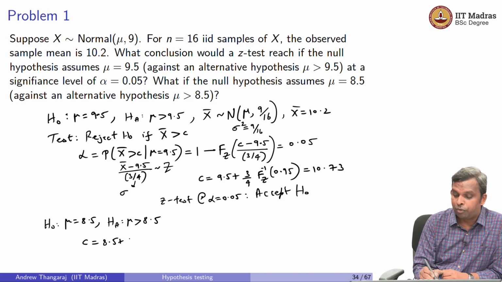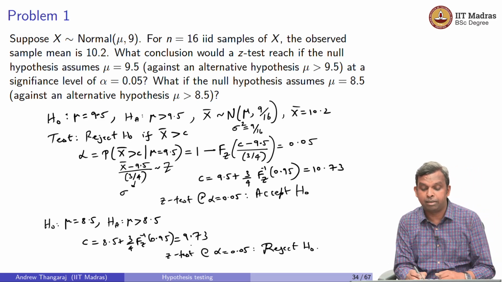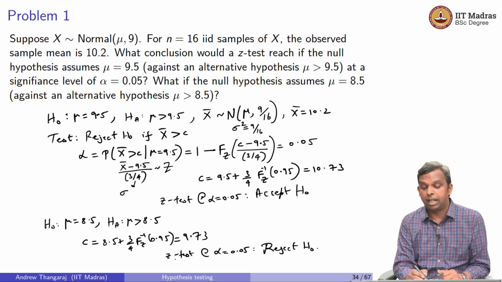So if you do 8.5 by 3 by 4 times Φ inverse of 0.95, you see instead of 10.73, you're going to get 9.73. Okay, and what is the z-test going to do at alpha equals 0.05? It's going to reject H0.